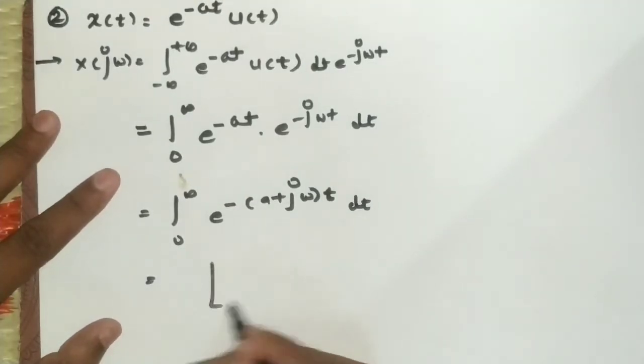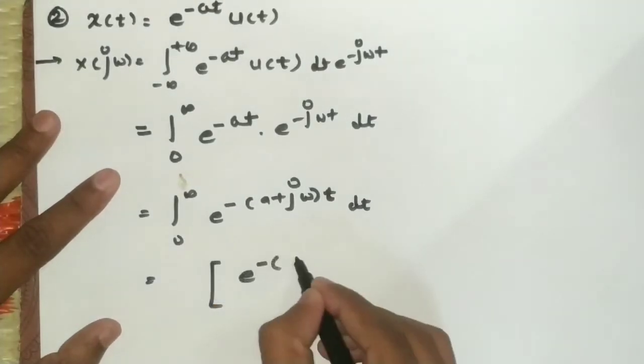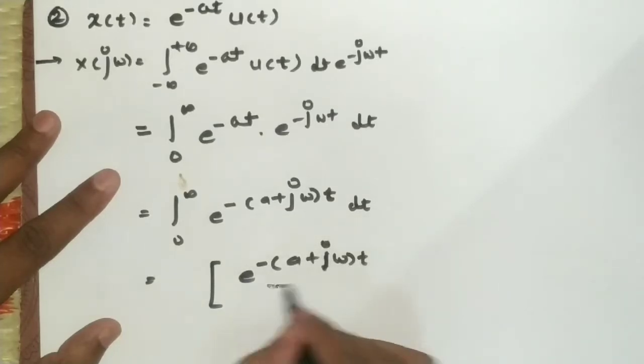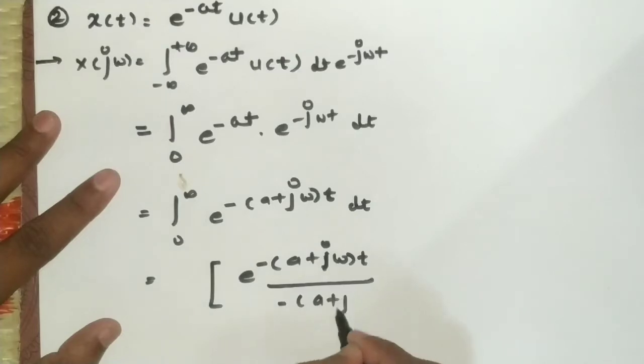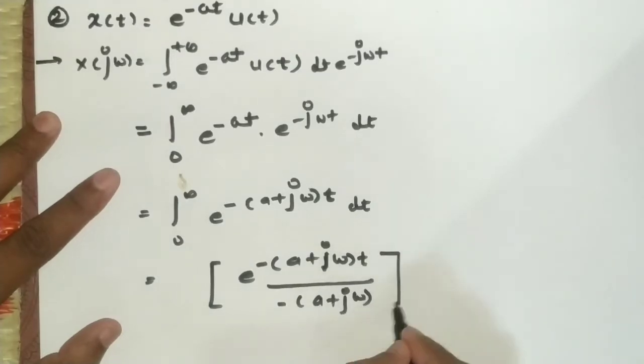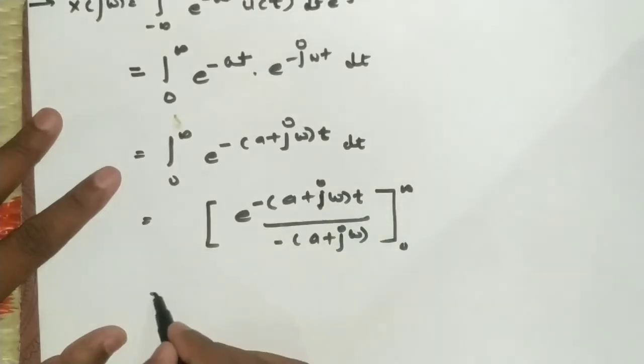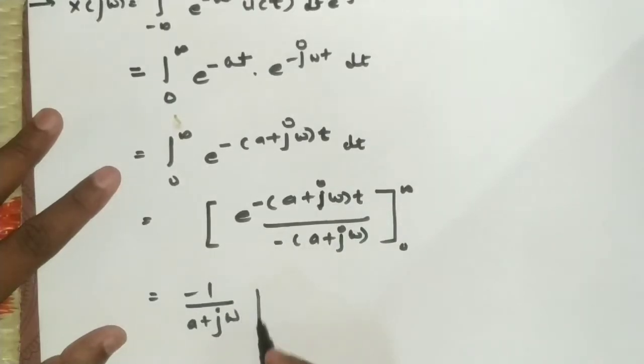So the integration of the exponential e raised to minus (a plus j omega) t, divided by minus (a plus j omega), over the limit 0 to infinity. Let us take this term outside, minus 1 upon (a plus j omega).